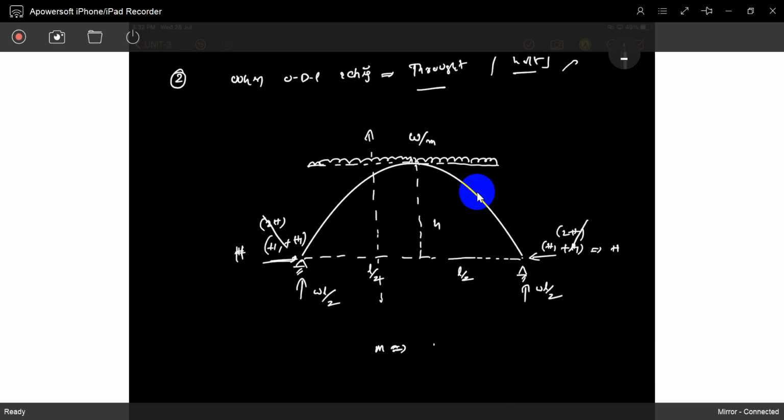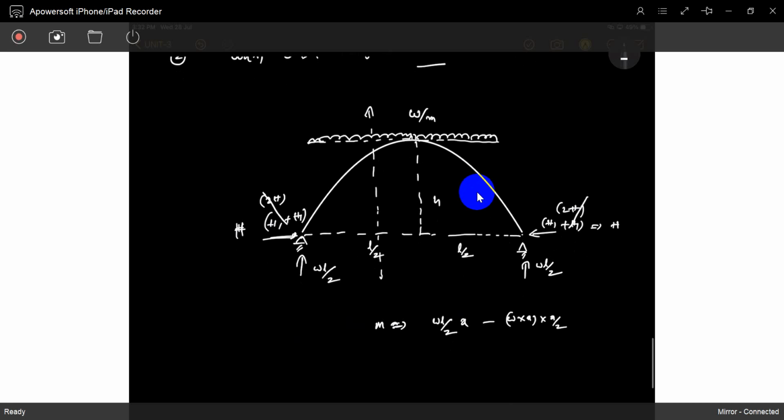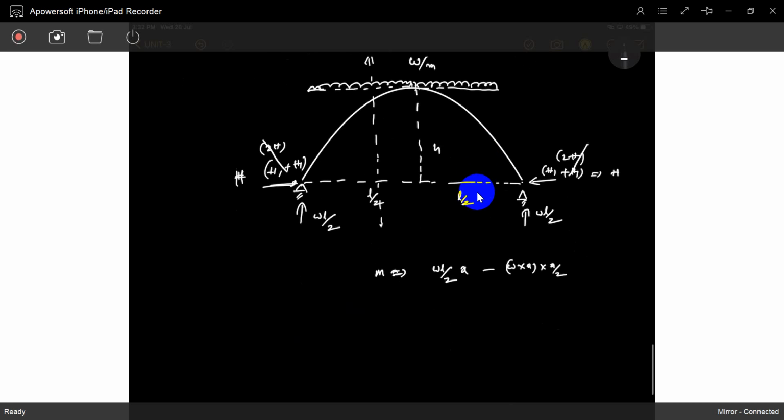WL by 2 without the horizontal thrust, multiplied by X, minus W into X into X by 2. That is the moment without the horizontal thrust. So now you can write it.